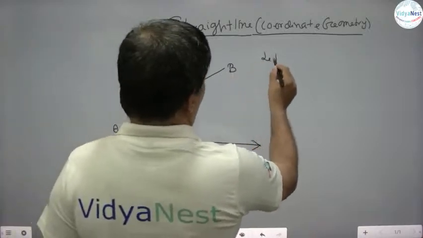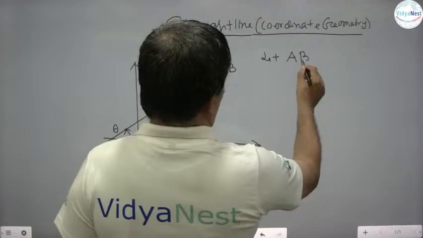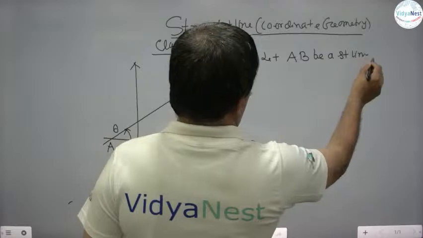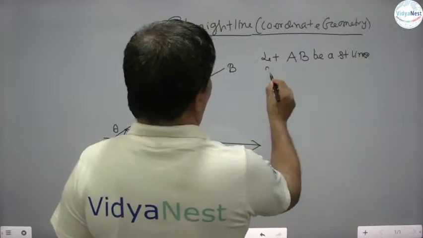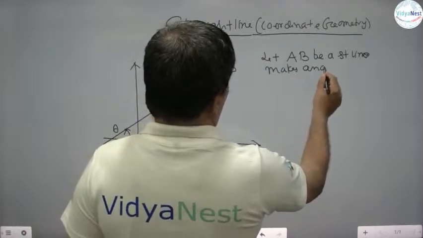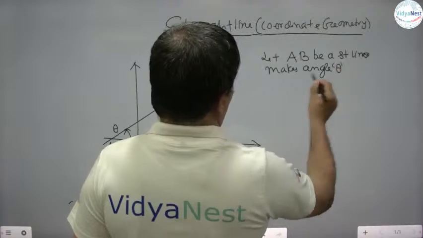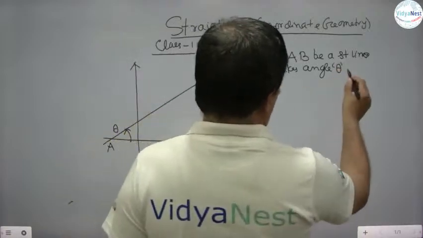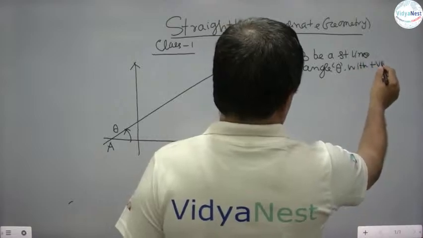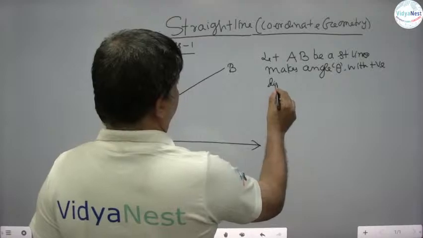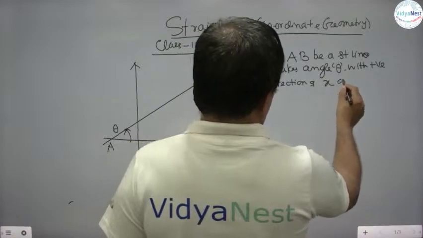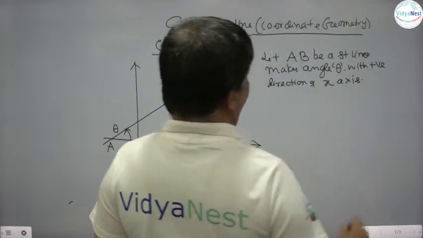Let AB be a straight line that makes angle theta with positive direction of x-axis.